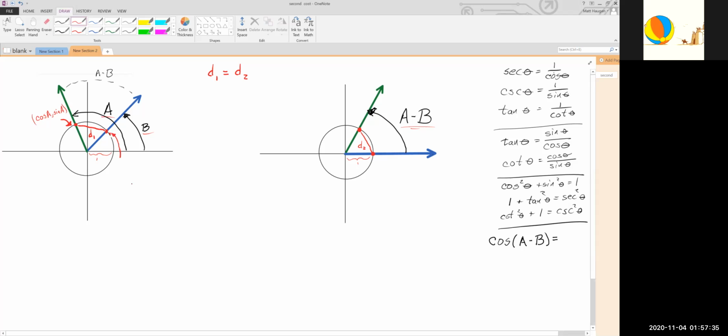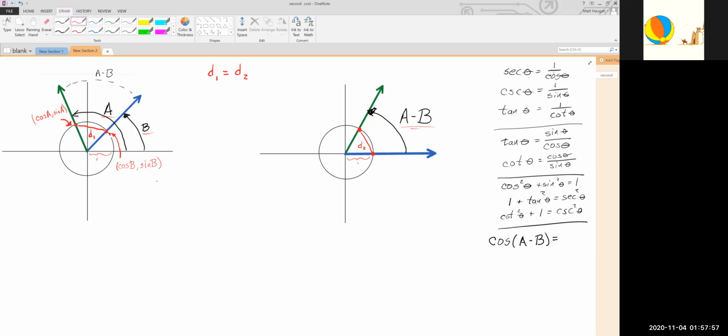Similarly, this point here, its x value has to be the cosine of B, and its y value has to be the sine of B, because of the definition of cosine and sine and the intersections with the unit circles, as long as those angles are in standard position, which they are.